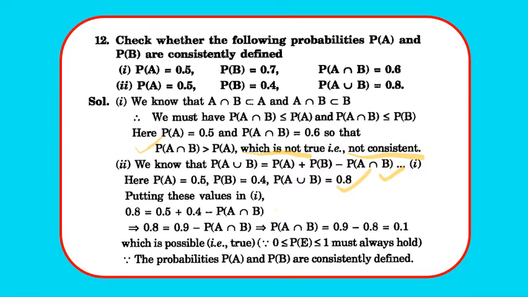Putting these values in the relation, we get P(A intersection B) equals 0.1, which is possible because here we have P(A intersection B) less than both P(A) and P(B). Therefore, the probabilities P(A) and P(B) are consistently defined. Done? So pause and note down the solution.